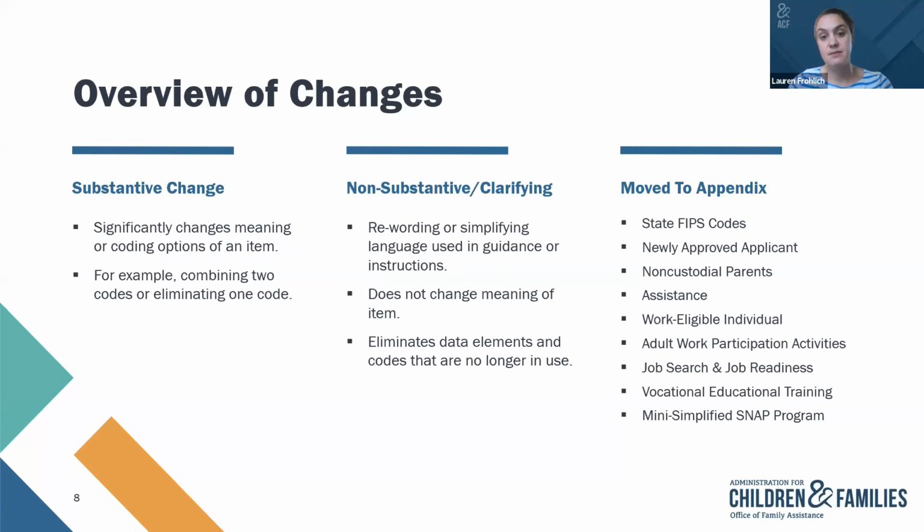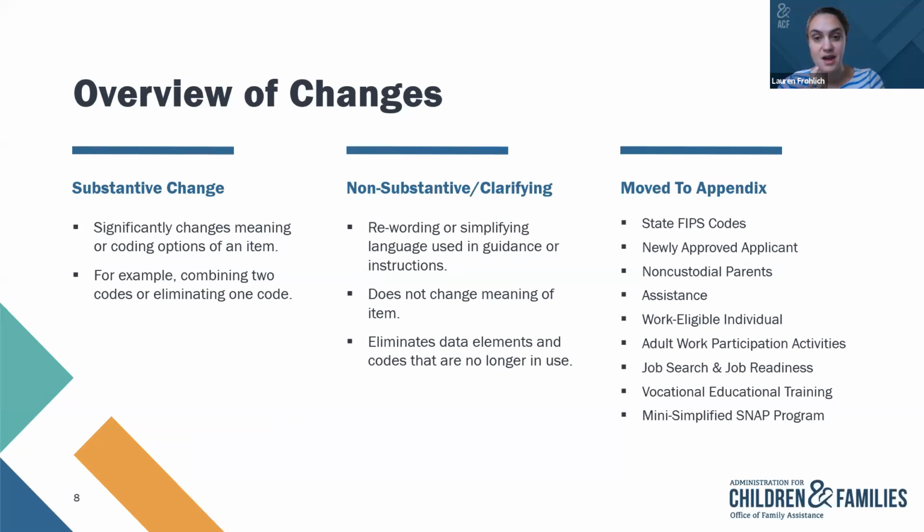And then there are some non-substantive or clarifying changes where we really were rewording or simplifying language used in guidance or instructions. It does not change the meaning of an item. And in a lot of cases, we were eliminating data elements and codes that are no longer in use. So that's hopefully part of an effort to minimize burden by eliminating unused items.